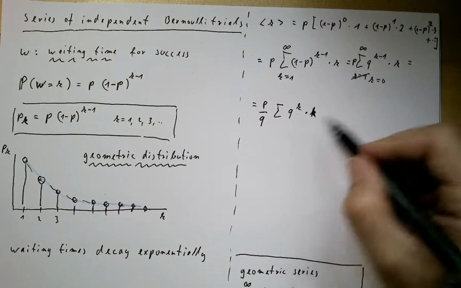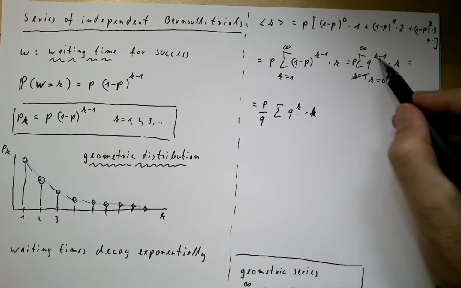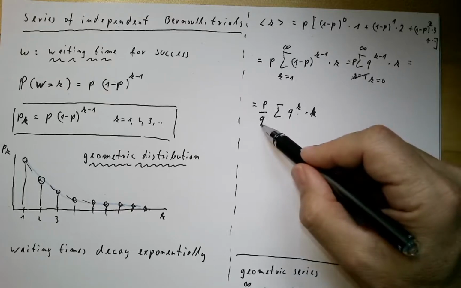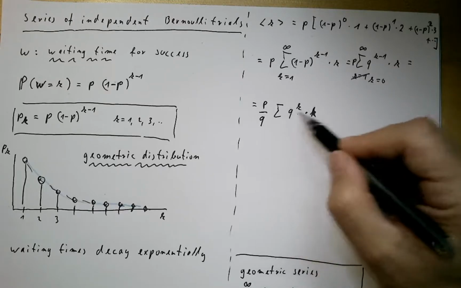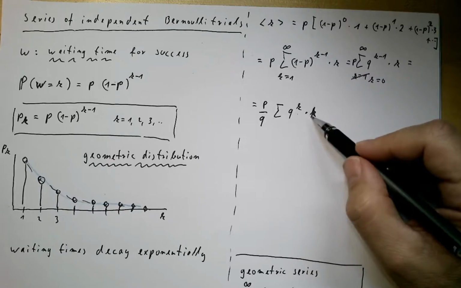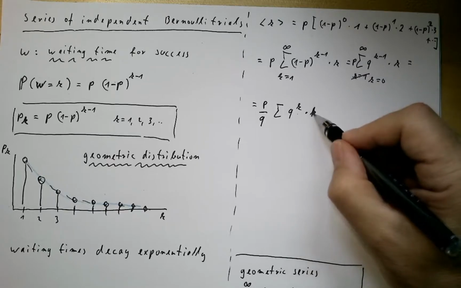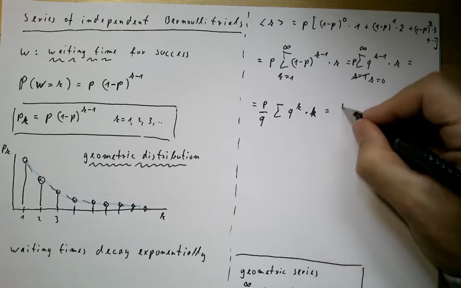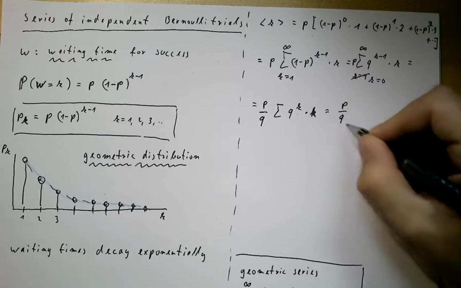So what did we do? This k minus 1, this term, I didn't like so much, so I just wrote here 1 over q, I multiplied with q, and this is a bit more simple. And now how can we get rid of this k here? So keep this p over q.